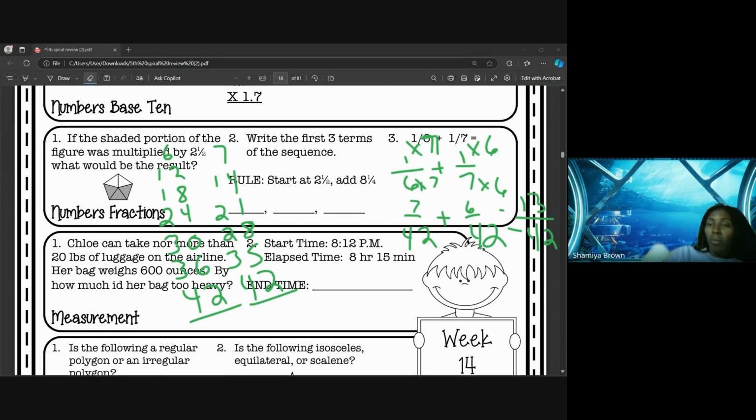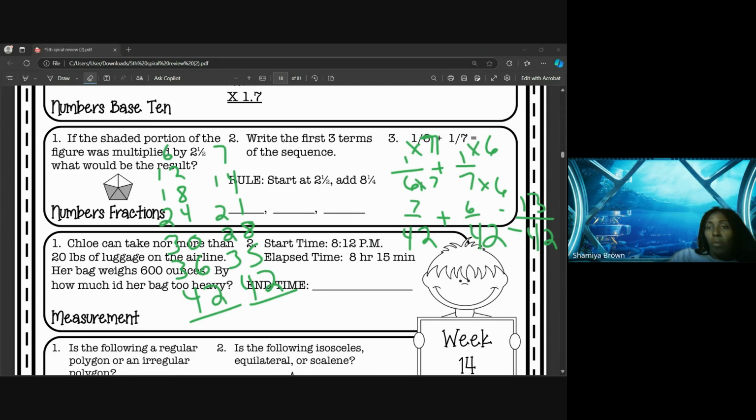So now I need to ask myself, can I simplify this? Well, 13 and 42. There's nothing that I can multiply 13 by that I can also multiply 42 by. Well, let me see if both numbers are multiples of 3. I know they're both not multiples of 2 because 13 is odd, so it can't be a multiple of 2.